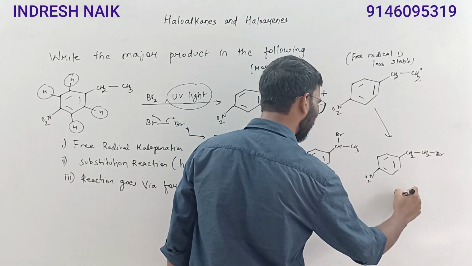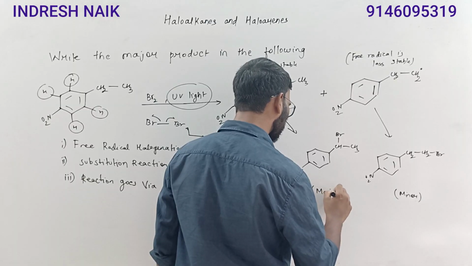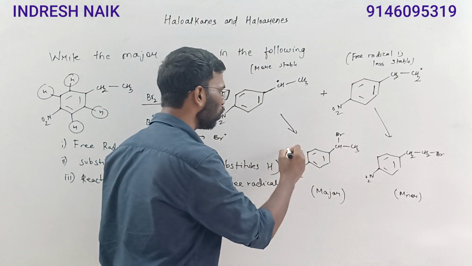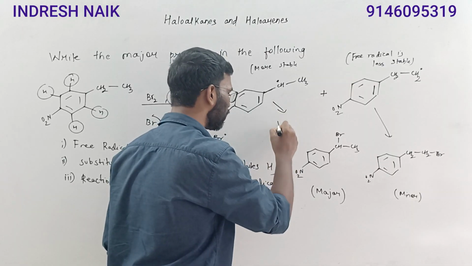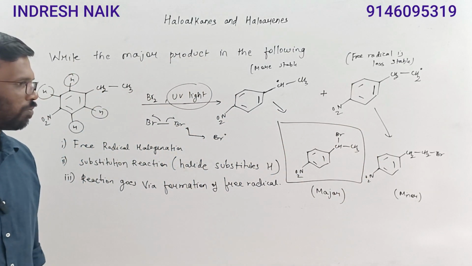But this is the minor product, and this is the major product. So if it is asked, you should always write the major product. So your answer becomes this. This is your answer. Free radical halogenation.